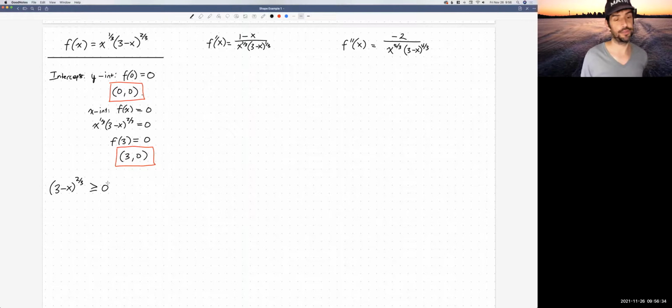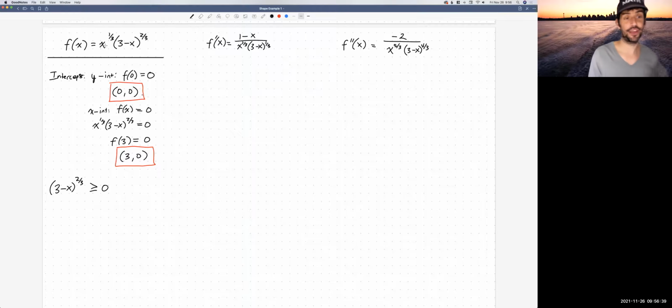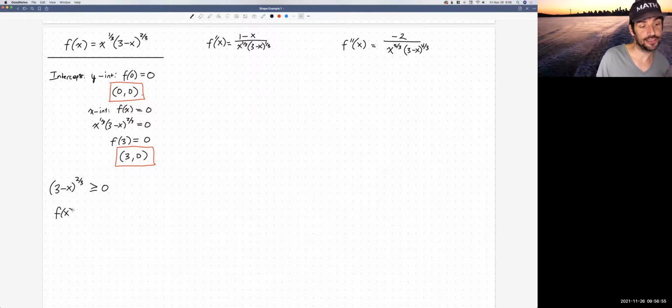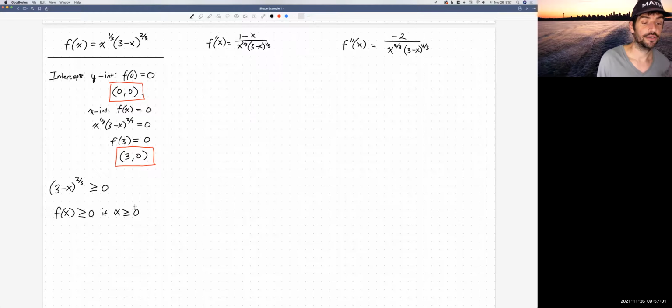Either way, you end up with something positive. So that second term is always positive, which means the sign of f follows the sign of x to the 1/3. And so that's a very simple analysis. X to the 1/3 is positive if x is positive, and it's negative if x is negative. So that means f of x is greater than or equal to 0 if x is greater than or equal to 0.